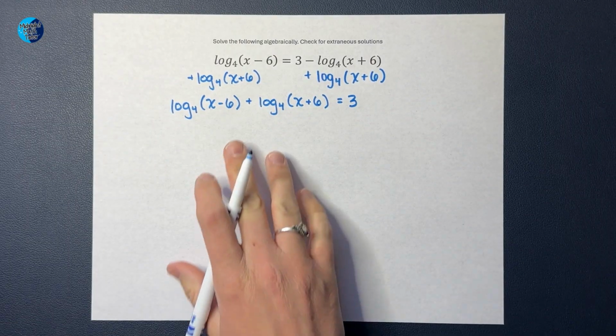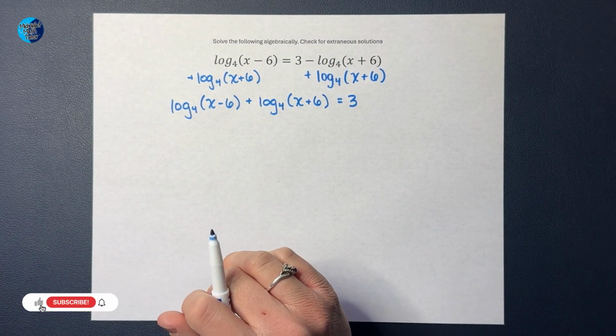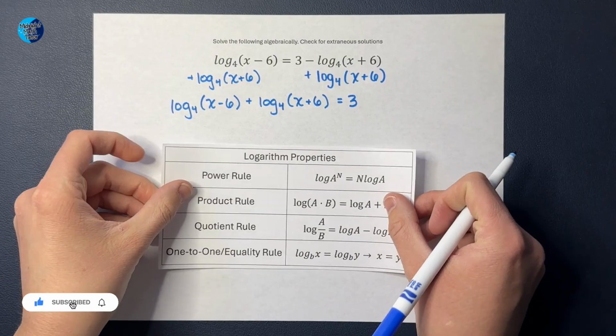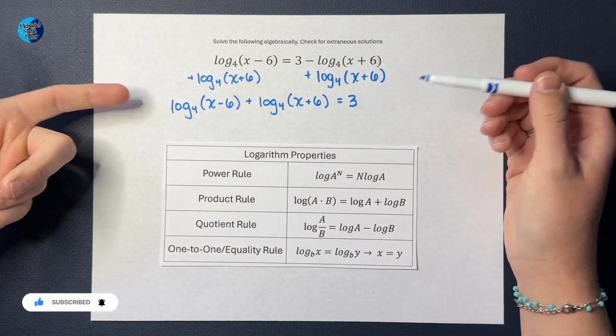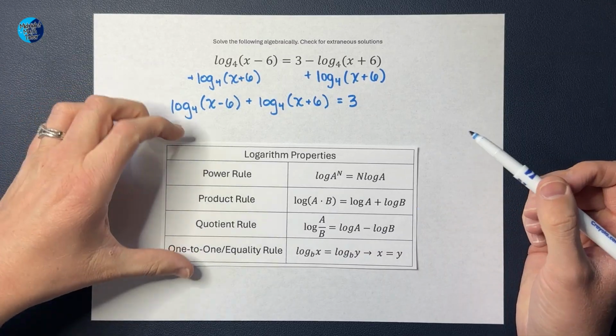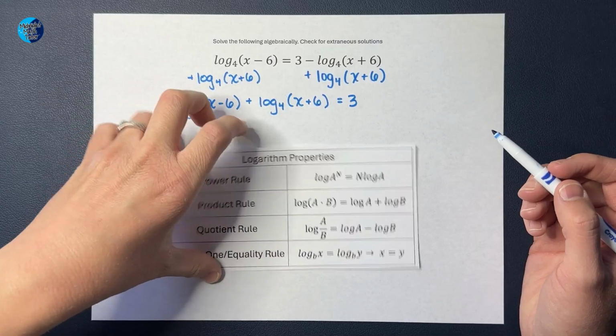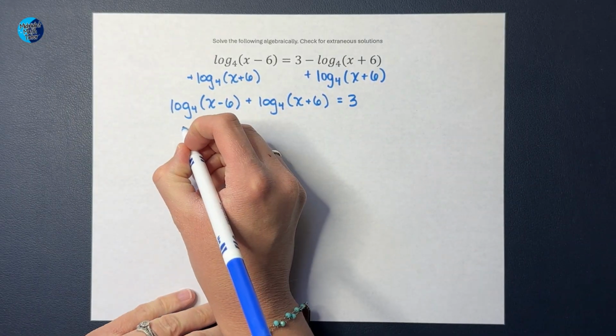All right, this is what I end up with when I added that log to both sides. Now, as we go through these, we're going to be using some of our logarithm properties. So on this problem, I am going to use the product rule. So I can go ahead and rewrite these two logs with the same bases being added. I can rewrite them like this.